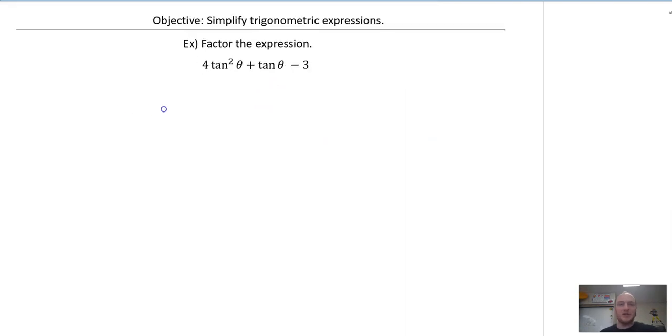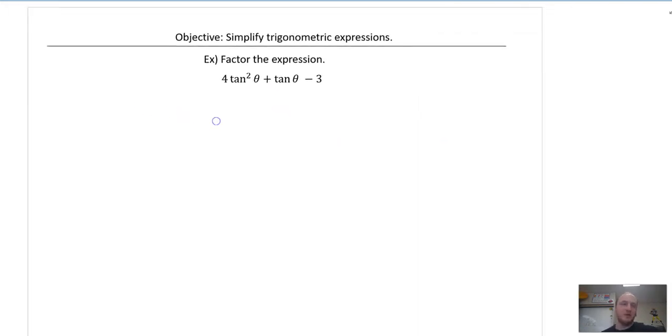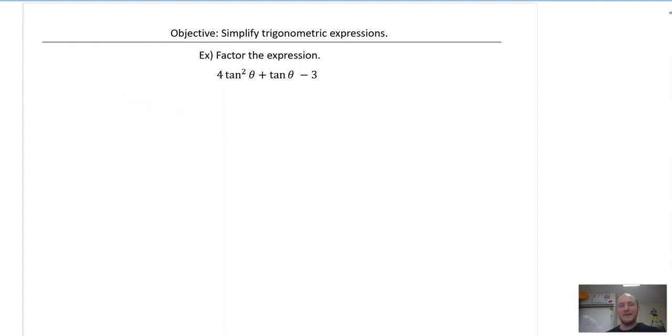Okay. Here's our next one. In this one, we're asked to factor the expression. And again, I have 4 tan squared theta, so that's just tangent theta squared. What I want you to think about is, what if I had asked you to factor 4x squared plus x minus 3?